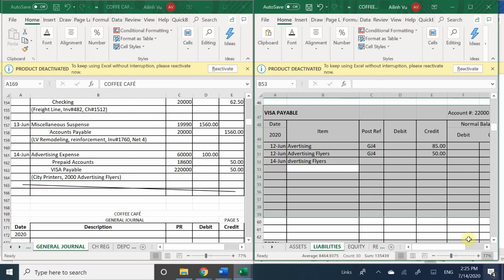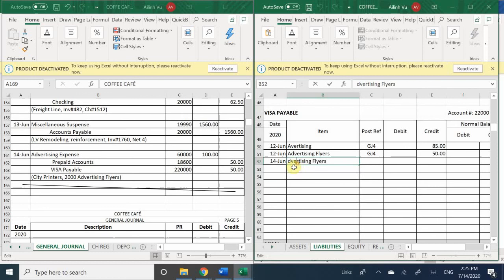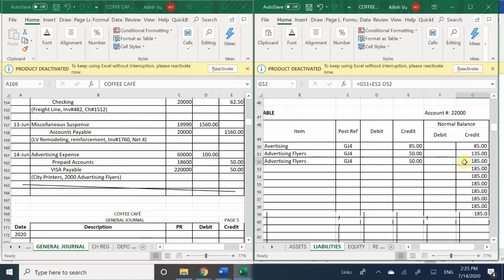Okay, I was like, why does this look different? Okay, I forgot the A. So advertising flyers. Okay, General Journal number 4. And we increased our owing amount, right? Because we charged our credit card another $50. So therefore, I owe a total of $185.